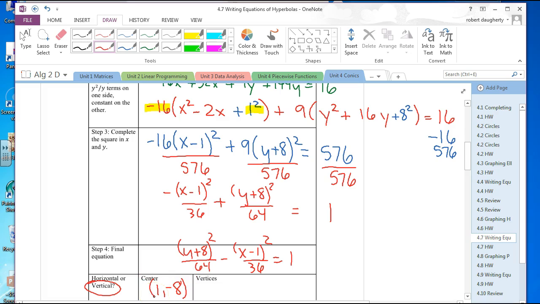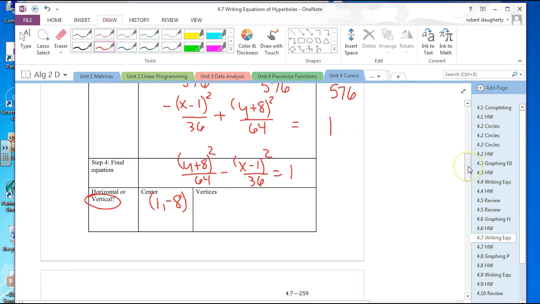And I got to find the vertices. Okay. So first of all, what is A? A is equal to 6. B is equal to 8. Okay. So to find the vertices, are they going to be horizontal from the center or vertical from the center? Vertical from the center.